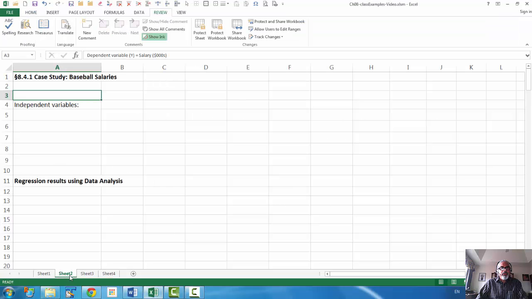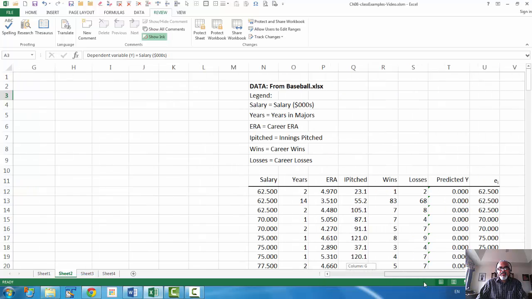sheet 2. So here the data is the baseball salaries data, baseball.xlsx. So here we have salaries of the baseball players, how many years in the majors. So ERA is career ERA, then innings pitched, number of wins and number of losses.